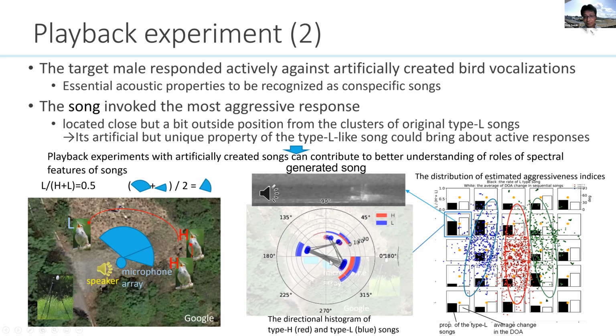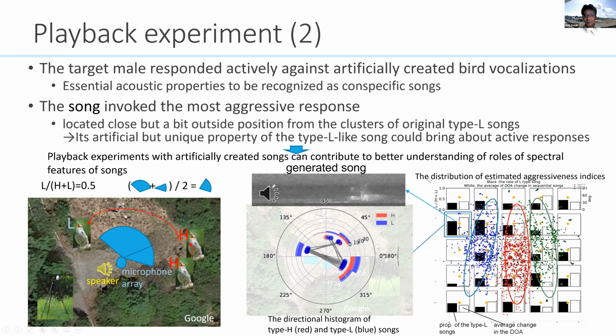The blue one is a histogram of type L songs, and red is type H songs. This figure shows that the individual wandered around the speakers singing basically type L songs. Basically, the target male responded actively against the artificially created vocalizations.